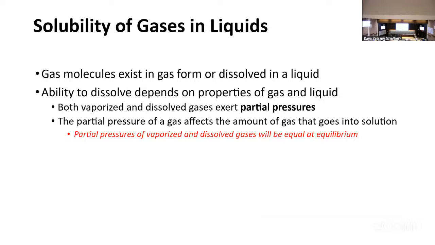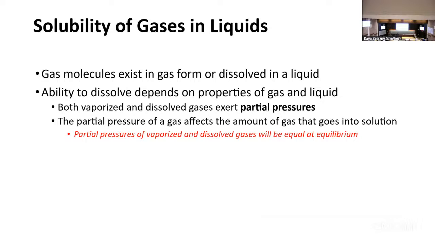Okay. So the gases in the air exert partial pressures, but they also exert partial pressures in liquid. Now, how much of that gas goes into solution, into the liquid, is going to depend on the partial pressure of the gas in the air surrounding it.